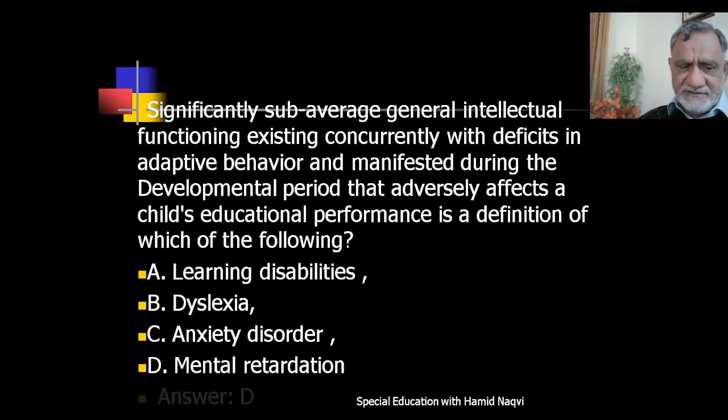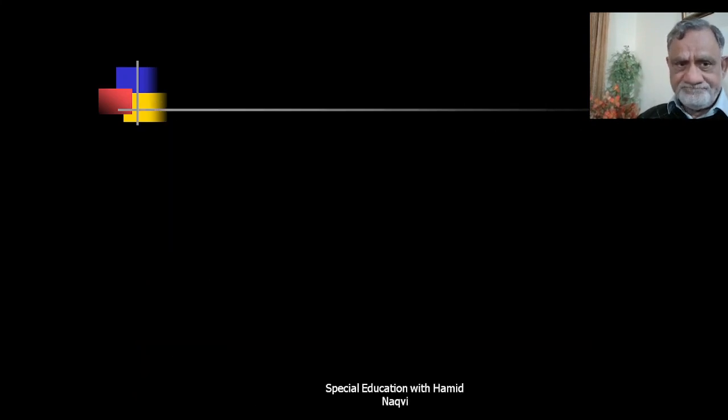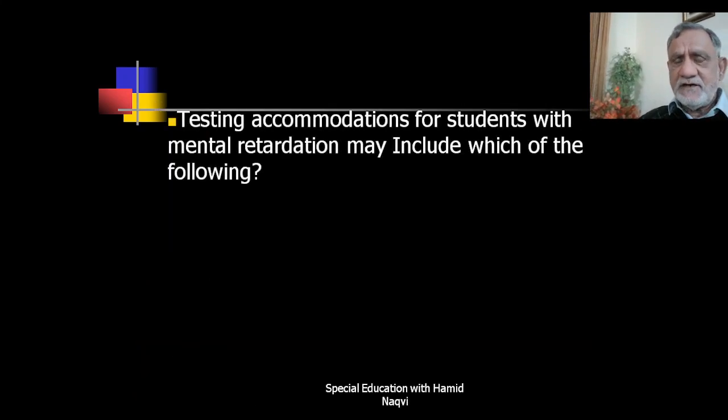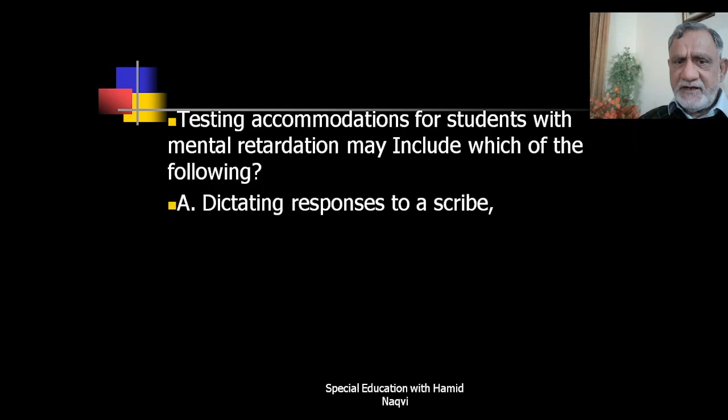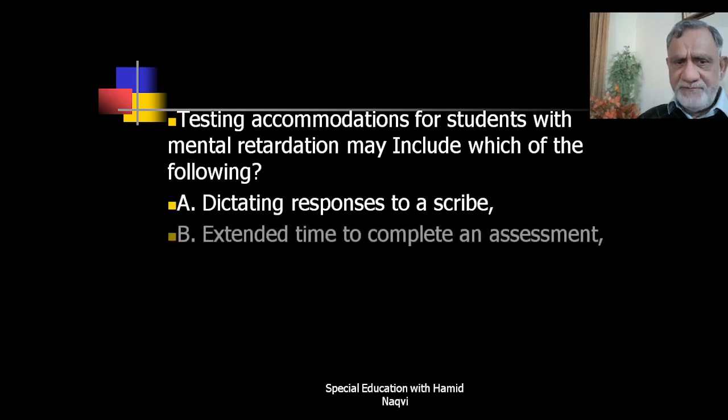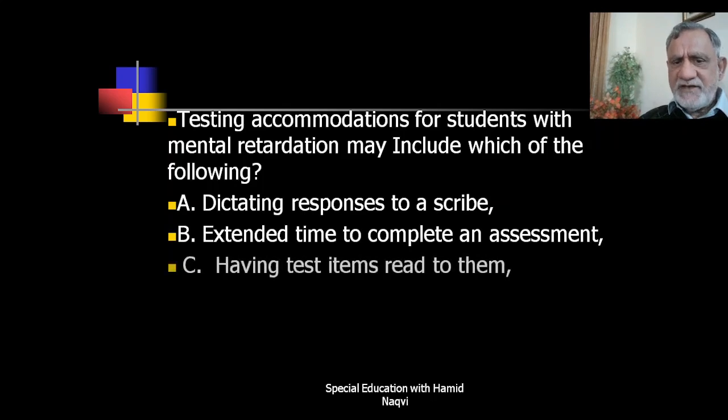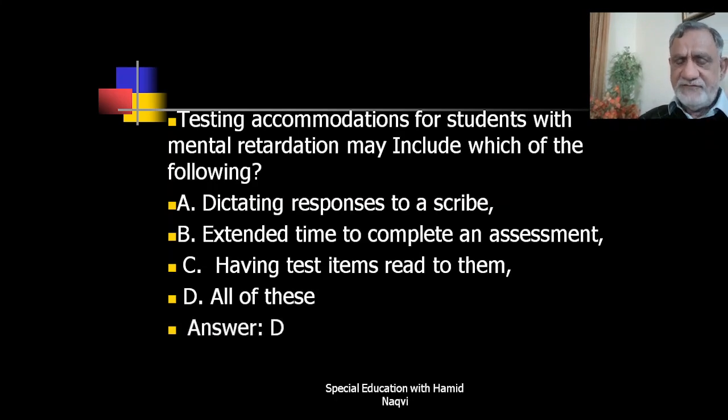The correct answer is, this is the definition of mental retardation, D. Testing accommodation for students with mental retardation may include which of the following? Dictating responses to a scribe, extending time to complete an assessment, having test items read to them, all of these. Correct answer is all of these.